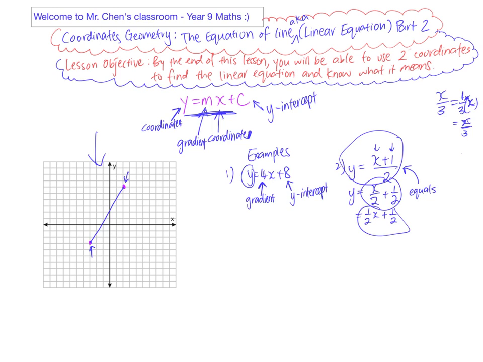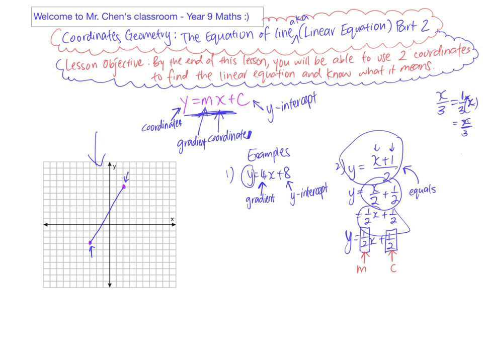Once I got to this stage, look at this. Which part do you think is the m and which part is the c? The answer is that is the m and that is the c. That's the gradient and that is your y-intercept.